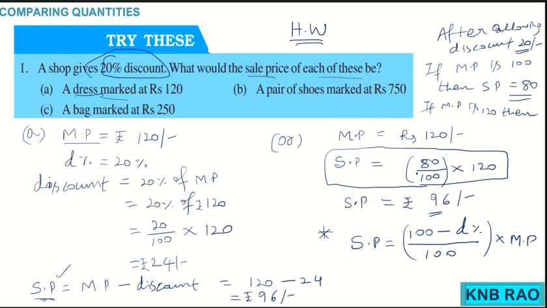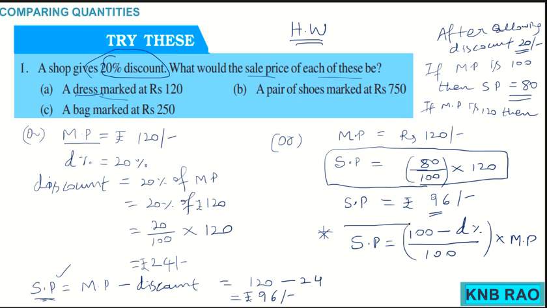How do I get that proper fraction? Here I got 80 because after allowing 20 discount, 20% is removed from the 100. So 100 minus 20%, that is the discount percent, by 100.